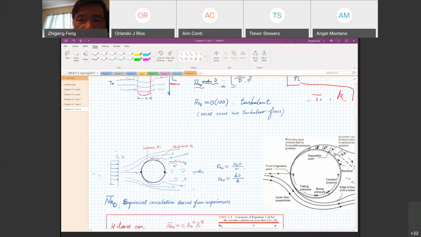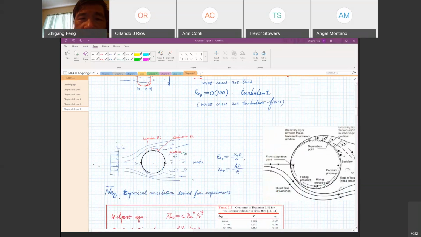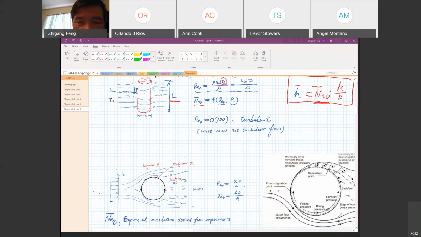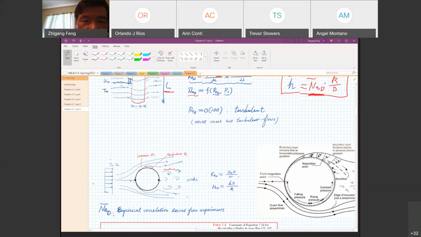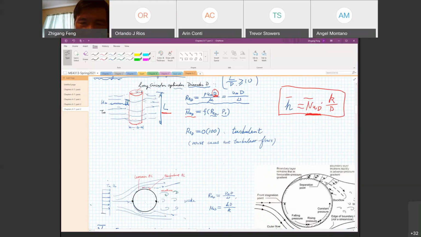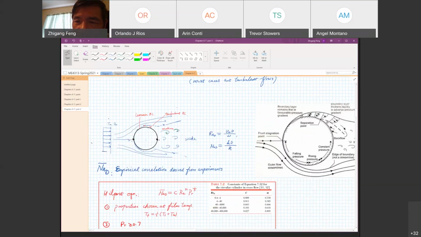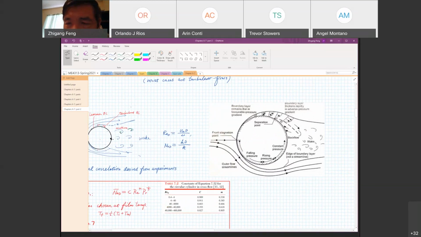So if we look into the flow characteristics behind the cylinder, let's look at the top view. If we look at the flow from the top, this is what we see. And I just found a better view from the internet.